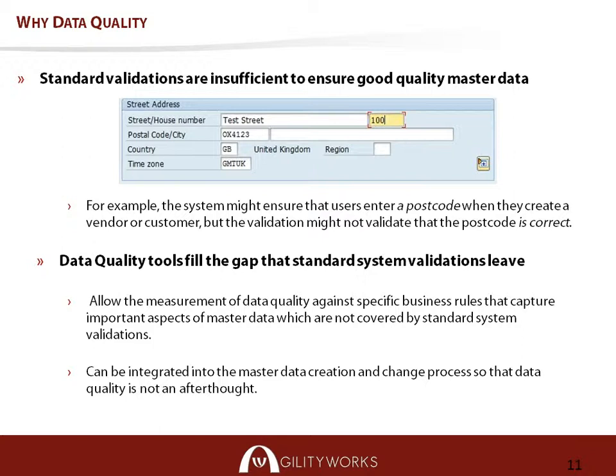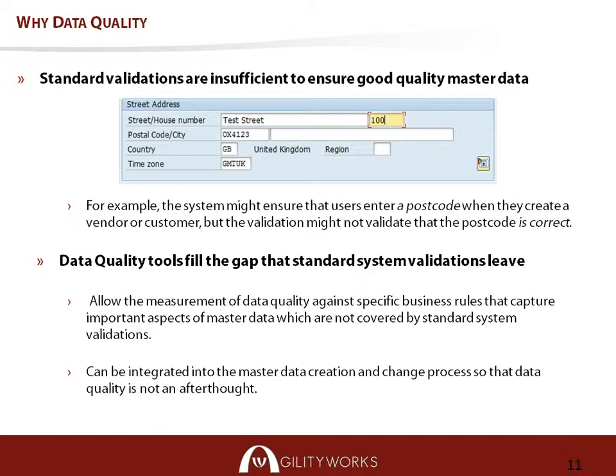We all have familiarity with systems where you can enter an address and you're told you've given an incorrectly formatted postcode. But what happens if the postcode is correctly formatted but it's just not the right address for that city, for that vendor? There's a myriad of other issues you might face, and systems come pre-configured out of the box for a range of different scenarios, but it's impossible for any system to meet your business needs.